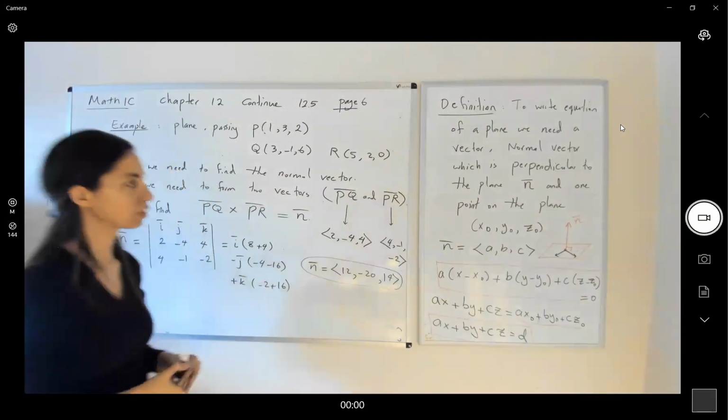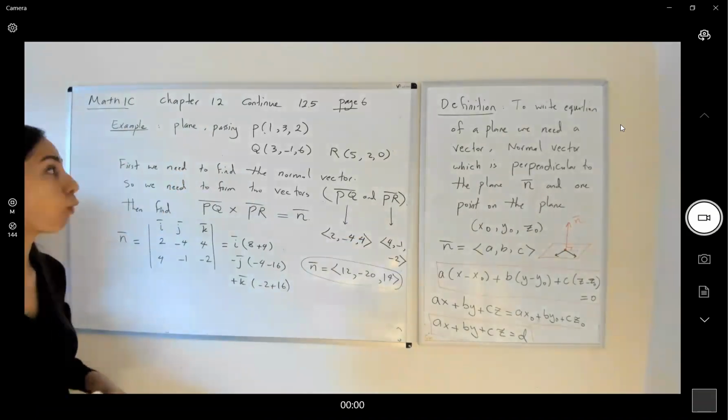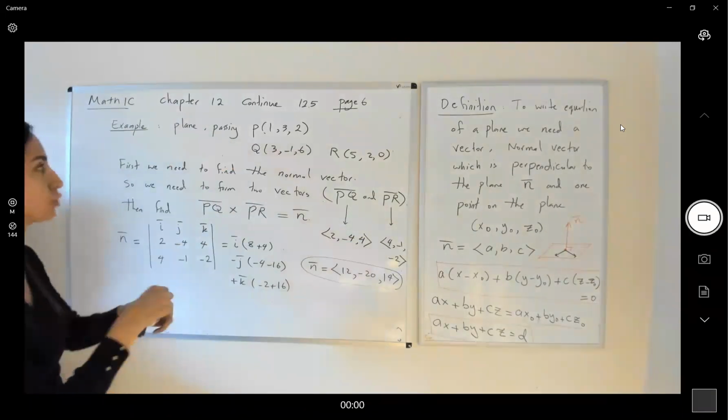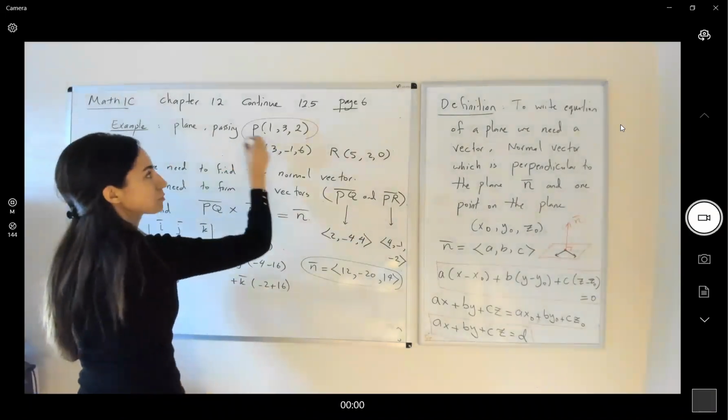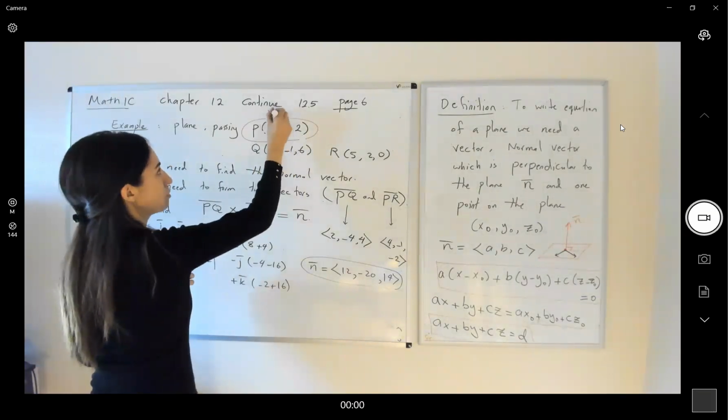Okay, the intersection between these two vectors is point P. So we're going to use point P as x sub 0, y sub 0, and z sub 0.